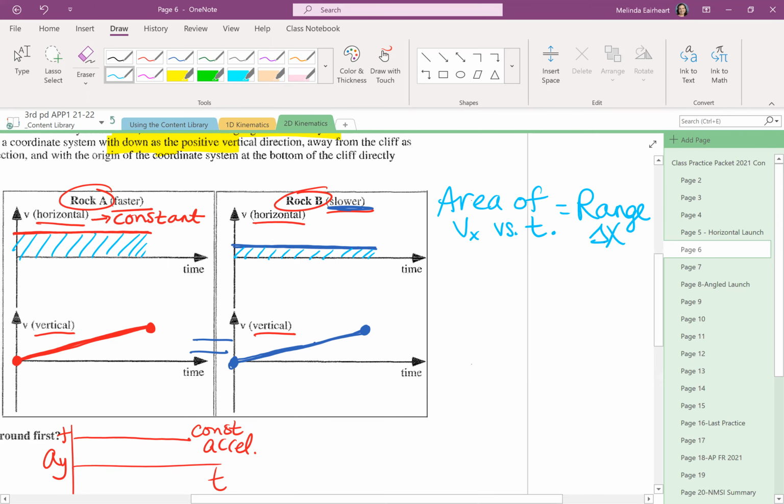And so that horizontal displacement, look at the areas. We have different areas. Does that make sense? Does it follow suit? They tell us A is going faster. Doesn't it make sense that it should go further based on the previous page? Yeah. What about area of the vertical? Now, yeah, it's a triangle, 1/2 base times height, whatever. But what's the area of a vertical velocity versus time graph?